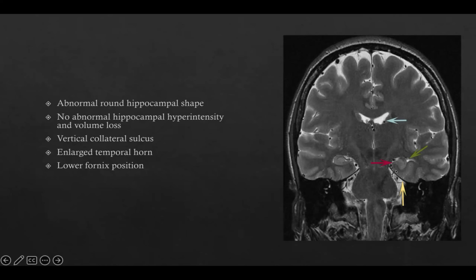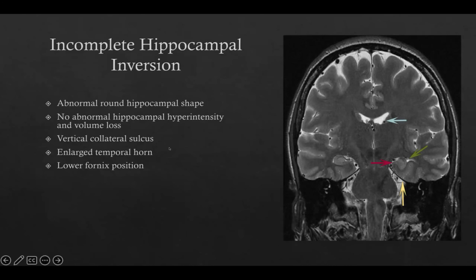But if you compare the signal intensity, it may show no abnormal hyperintensity of the hippocampus itself, but the orientation, the appearance, and the surroundings may show some asymmetry. So this is a case of incomplete hippocampal inversion.